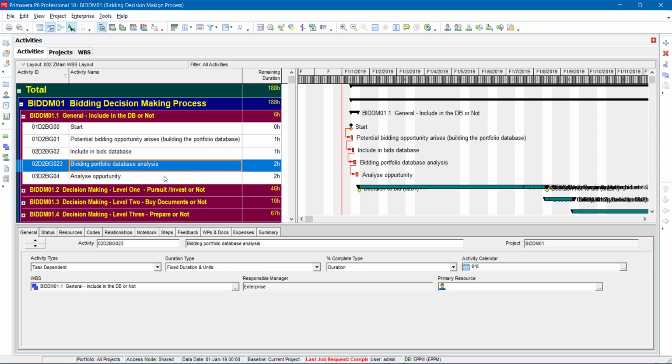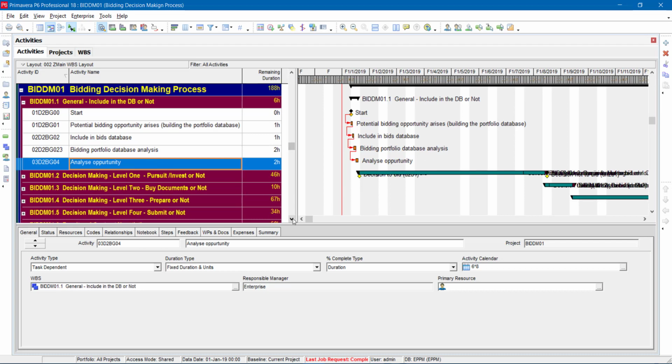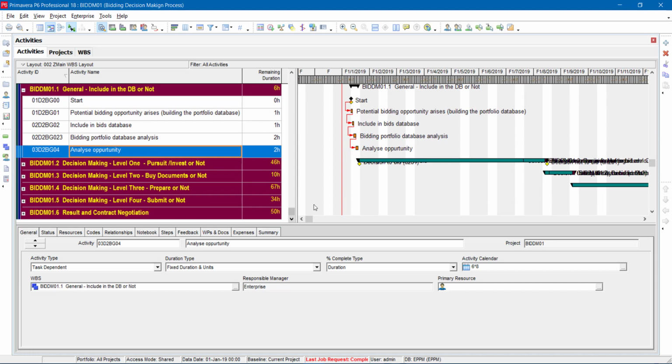Then when the time comes for this bid to be analyzed, to take a decision to go for it or not and pursue it, a big analysis and brainstorming will come.